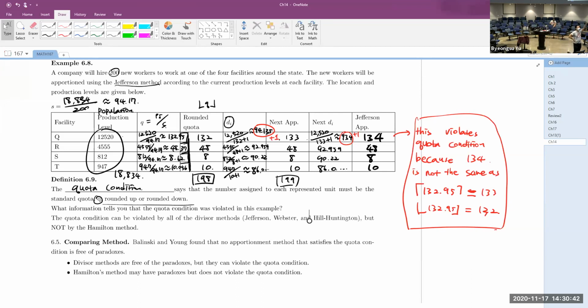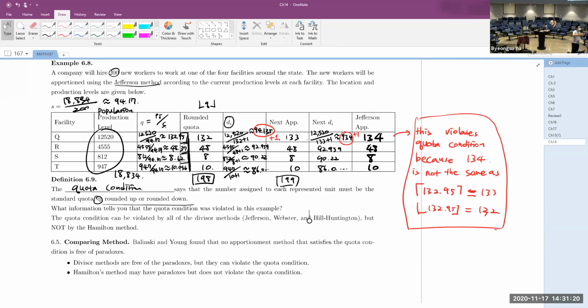Yes, I use the capital Q, and small q is the quota. Yeah, 130, that's what I use. Actually, that number is a quota of Q. And the quota condition says that the round up of the quota of Q or the round down of the quota of Q, which is 133 or 132, should be the apportionment number.